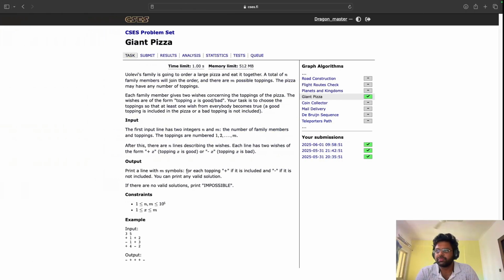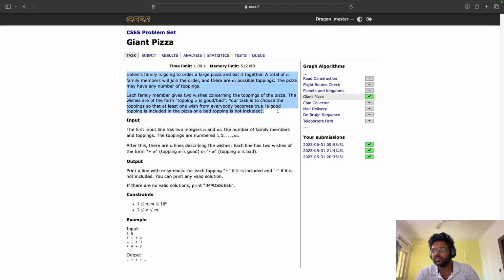And this is a good question, I would say, because this is a real life problem, and the two-set problem gives us the choices of whether to consider a particular wish, considering the wishes of the person and how we are optimizing them to get the answer.